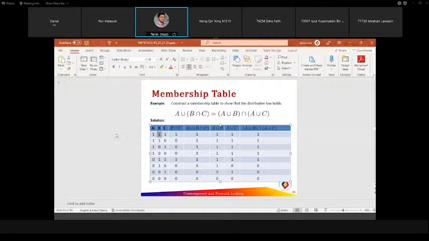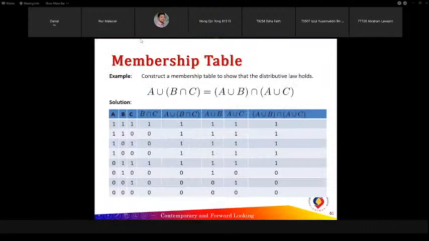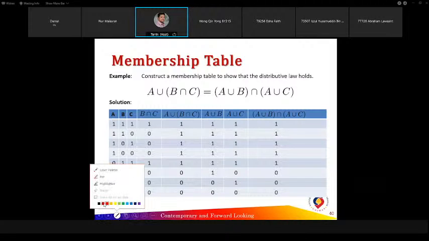And then element x is a member of set C, so that would be represented by this one here.